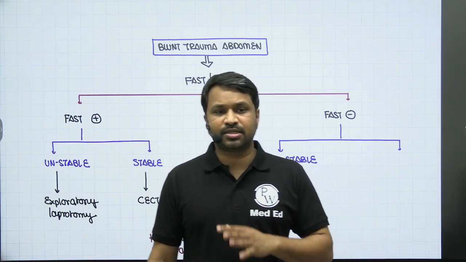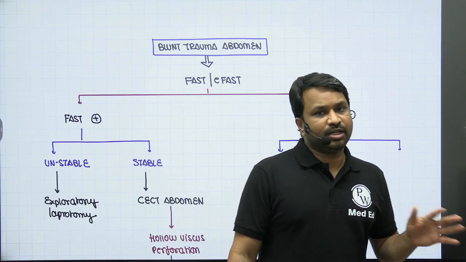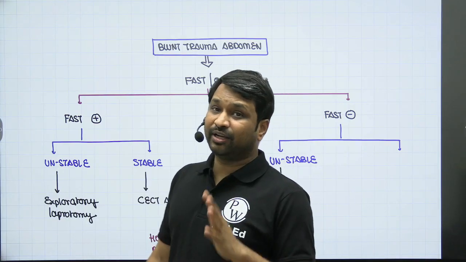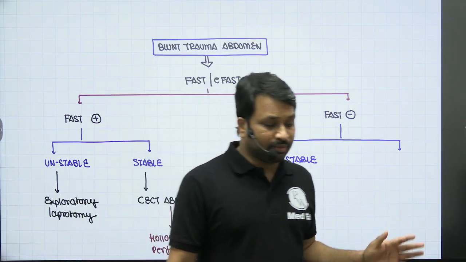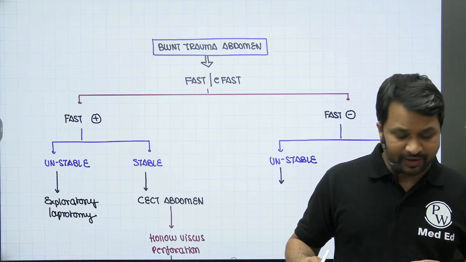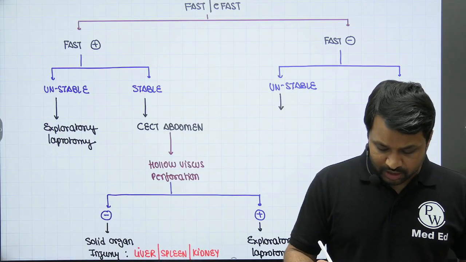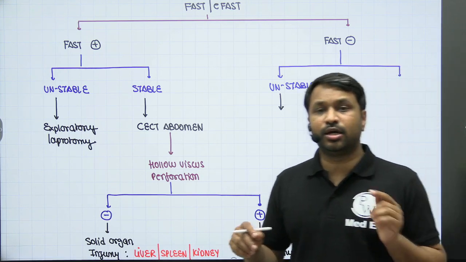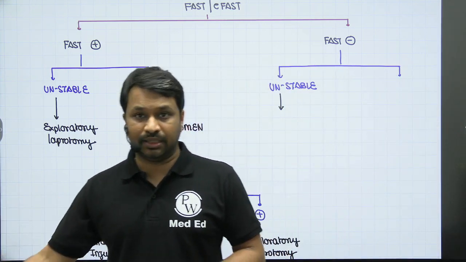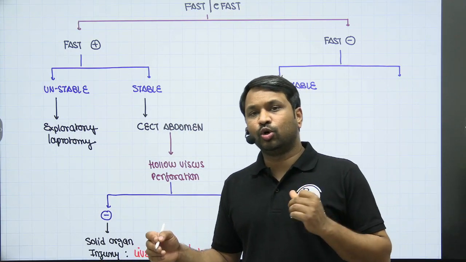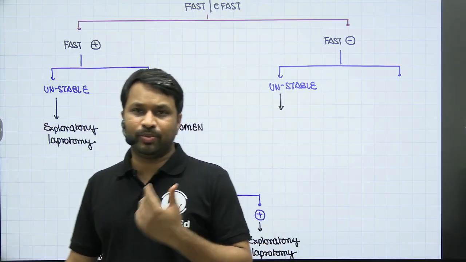You did a FAST, the FAST is negative, but the patient is hemodynamically unstable. For any hemodynamic instability, even if the FAST is positive or negative, this is an indication. So here ideally you should do a diagnostic laparoscopy and proceed. Okay? Technically talking, if the patient is unstable, you do an on-table diagnostic laparoscopy and proceed.